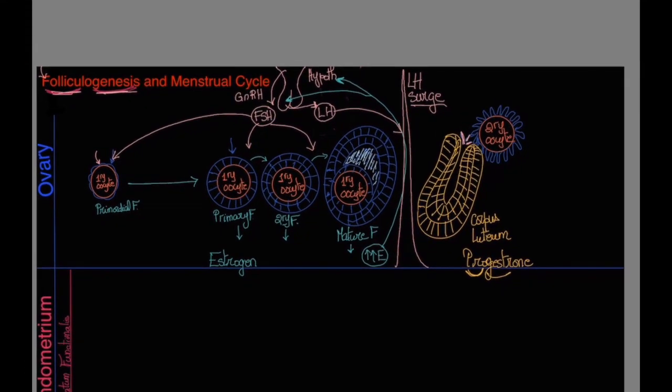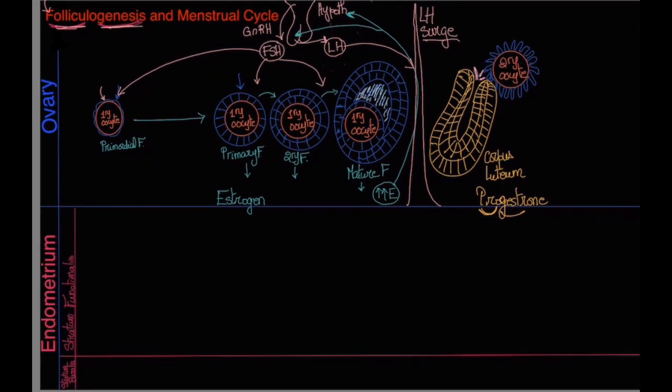So what happens if no fertilization did take place this month? Again, this happens every single month.